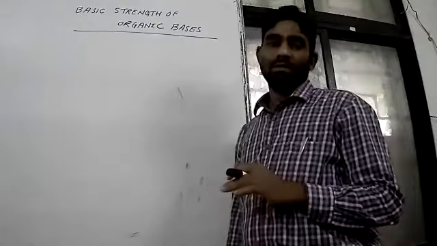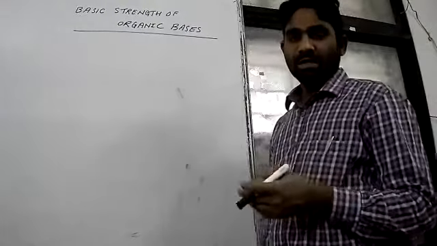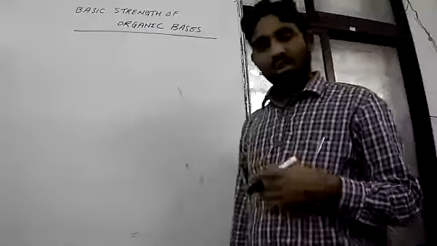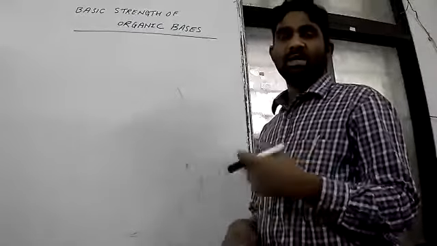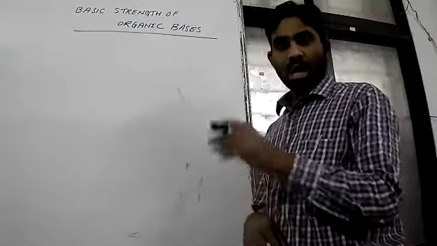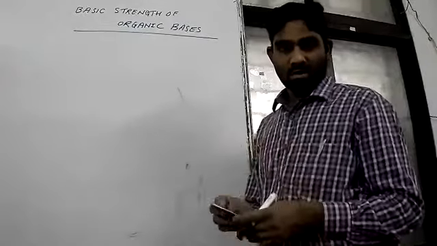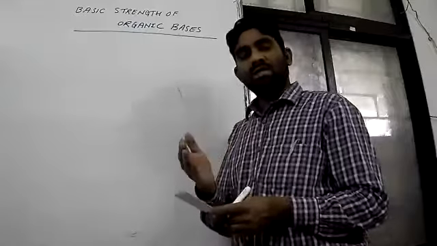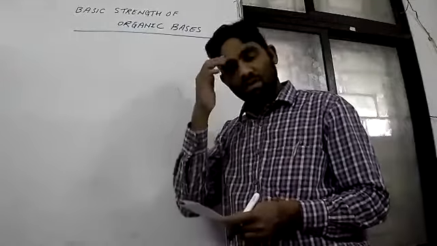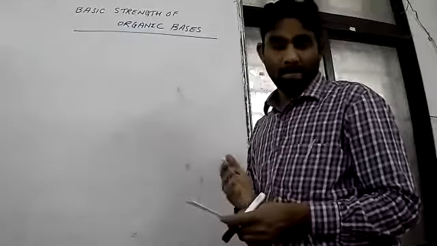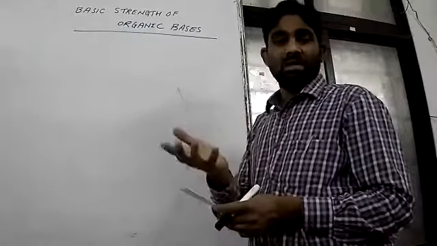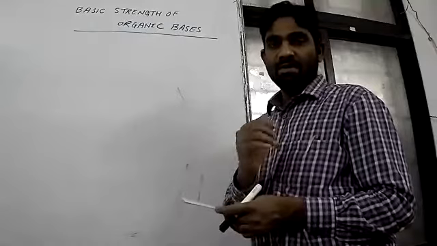Today we will understand how the strength of bases can be identified and how we can put them in order. If two or more bases are given, how can we find out theoretically which base will be strong and which will be weak?